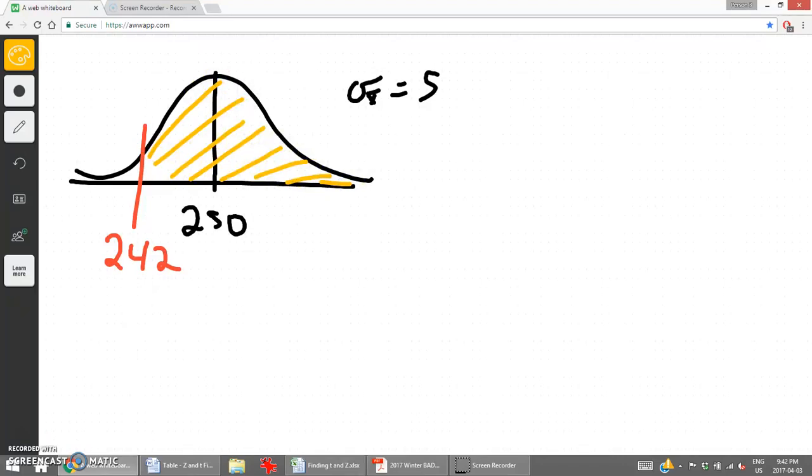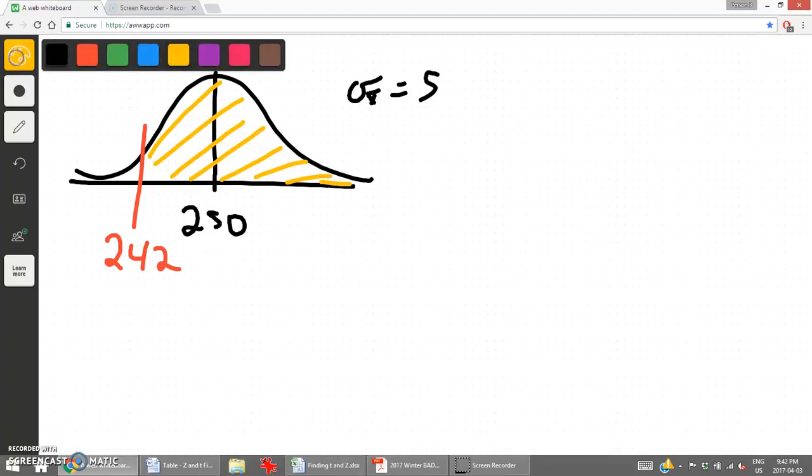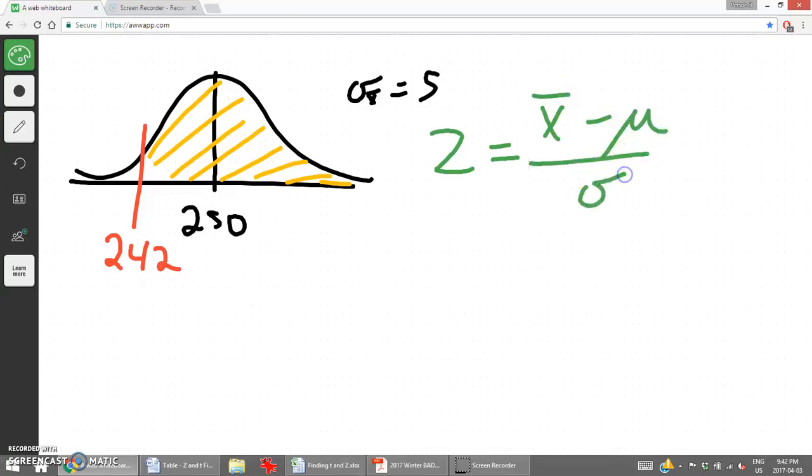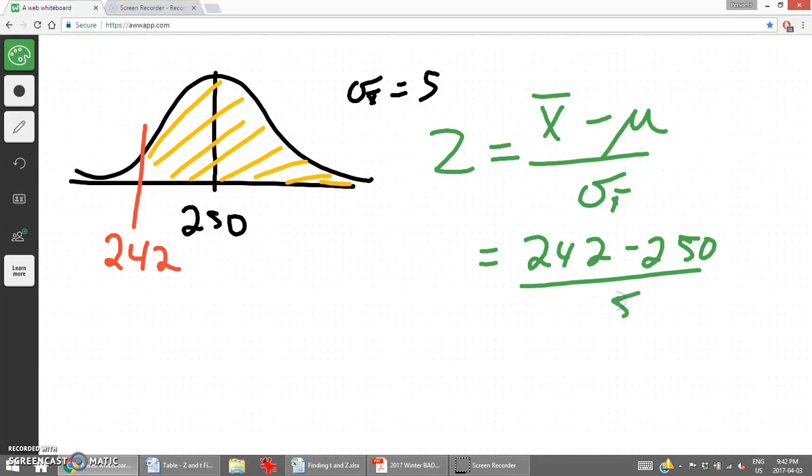So this goes back to questions in chapter 5. So let's take a look at how we would do this. We'd calculate a Z value. Step 1 is calculating a Z value for the sample mean. We're using this formula here, divided by the standard error. So 242 minus 250 over 5.